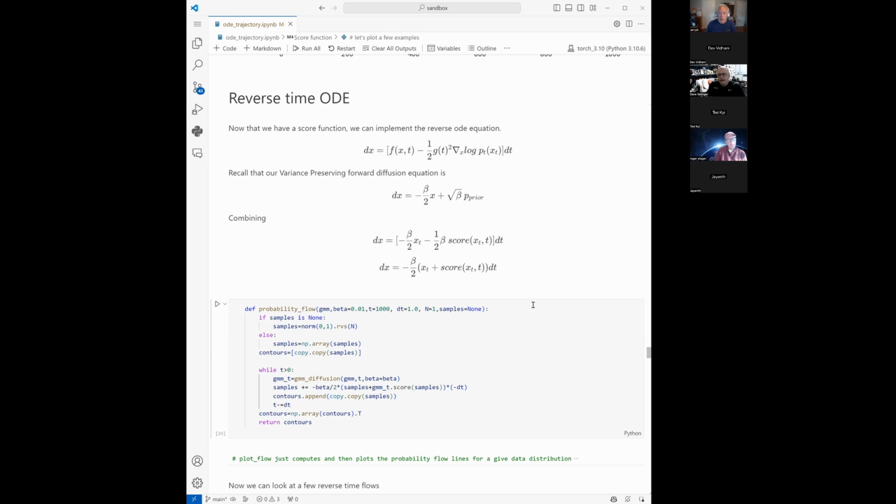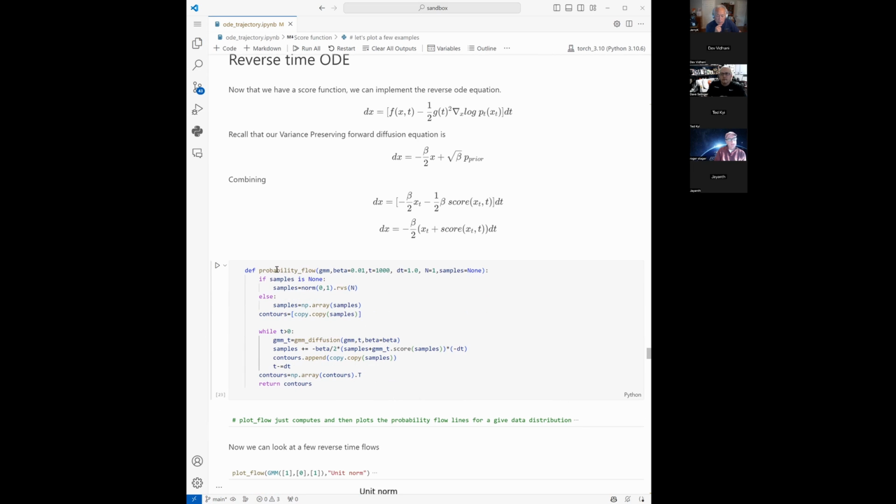But anyhow, given that, you can see down there in the middle where we do samples plus equals, that implements that equation: beta over 2 times the samples plus the score function of the samples, times negative time. So this is a probability flow in reverse time that I'm doing here. Okay, any questions on that?